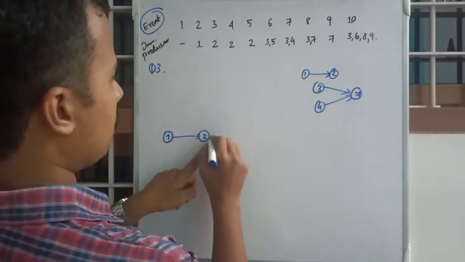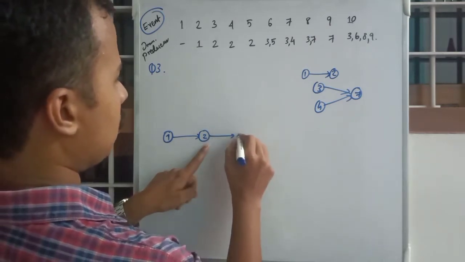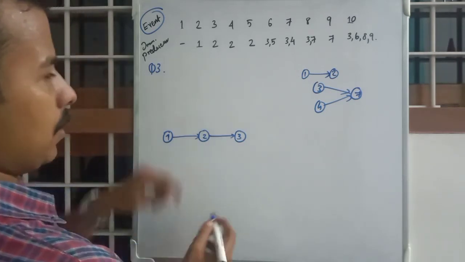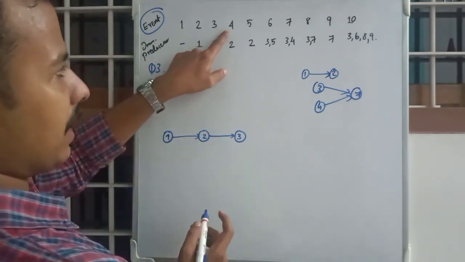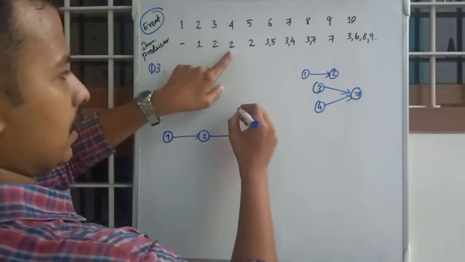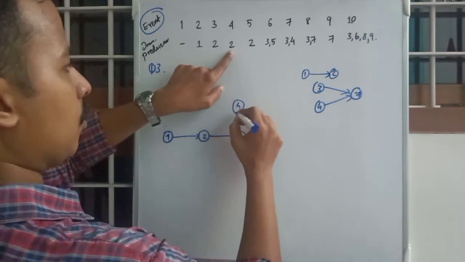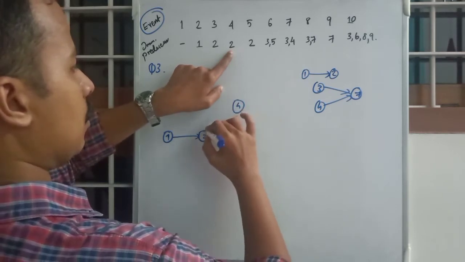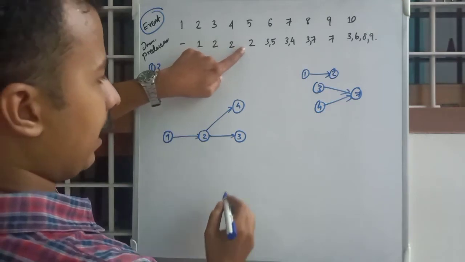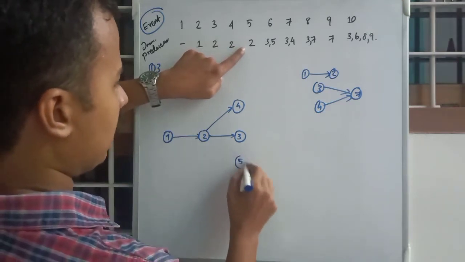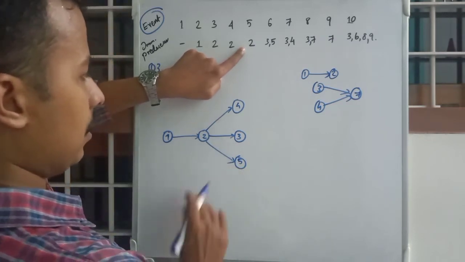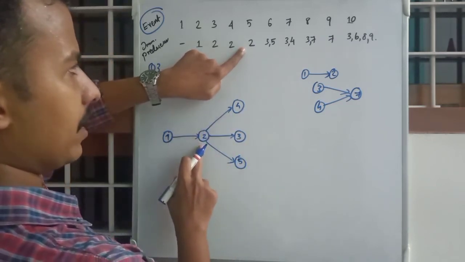That is, you will just draw it like this. For 4 you again have the immediate one as 2. That is, if you draw 4 like this, join with an activity. 5 again 2. So we have 3 concurrent activities here. It's a burst event.